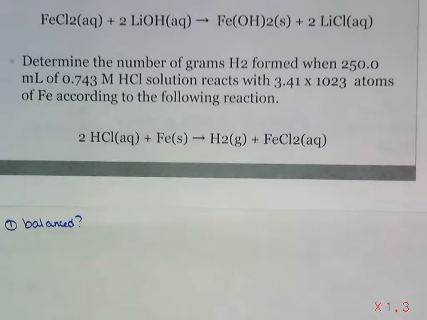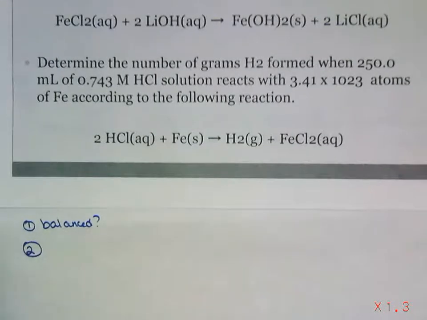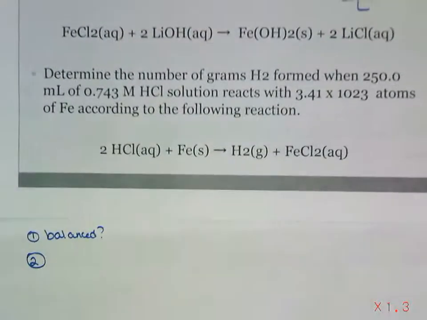First question as always, are we balanced? Yes, all right, now we're ready. That's supposed to be 10 to the 23rd. For some reason my superscript didn't do its thing, I think because I'm on a weird font.